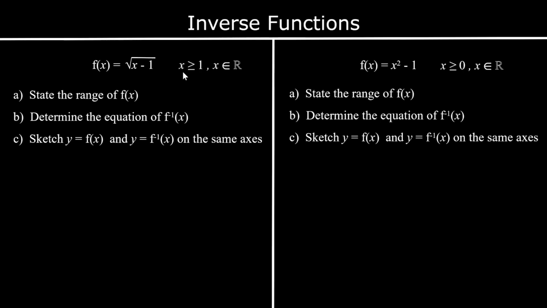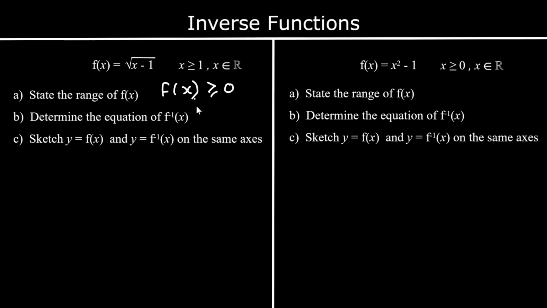Well, x can equal 1, so the square root of 0 is 0, and it can be anything bigger. So it can be anything greater than or equal to 0.